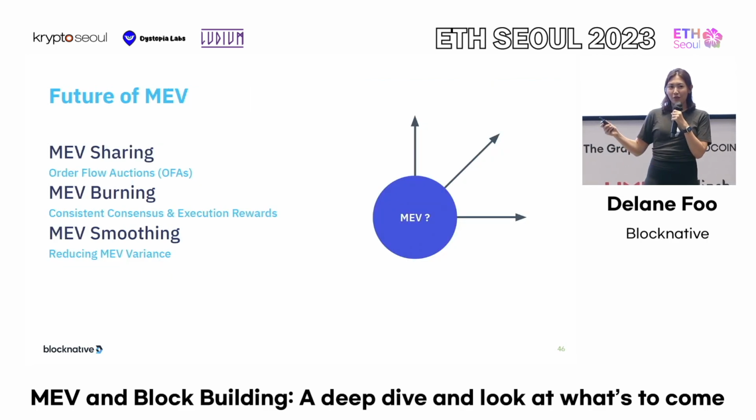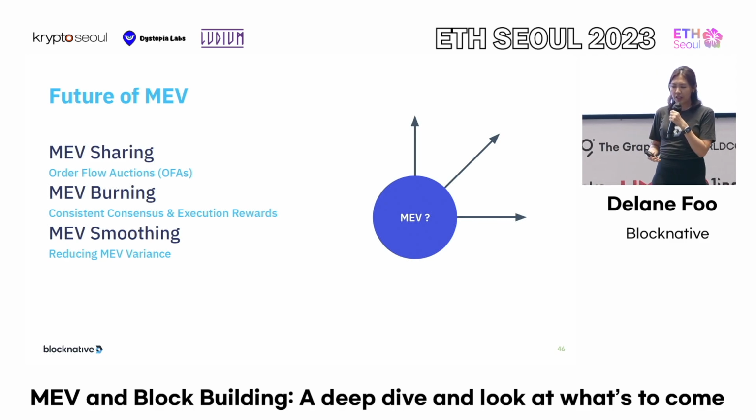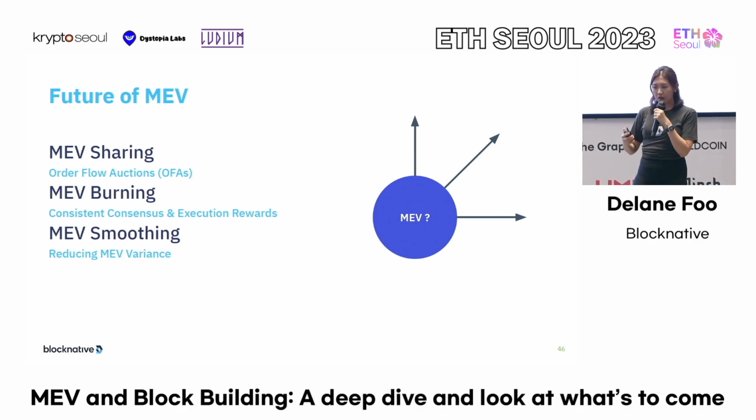So that was block building and block building's future, but what about MEV itself? Right now, there are a couple of options being discussed around where MEV is headed, and a lot of it is still in the research and discussion phase, but these are the three conversation paths. First one is MEV sharing, which is an example of what I shared earlier about recirculating that value back to users and creating alternate flows through order flow auctions.